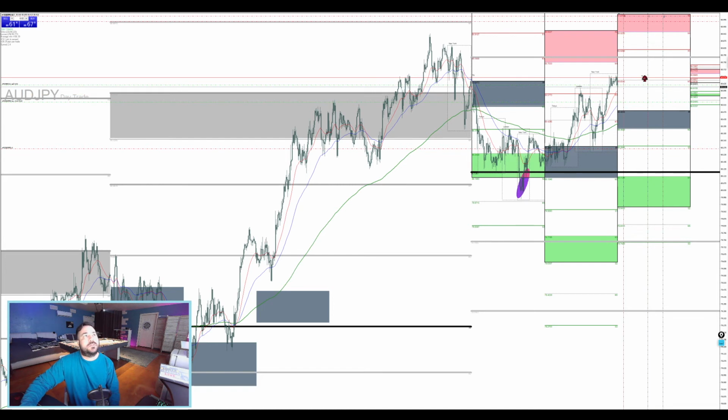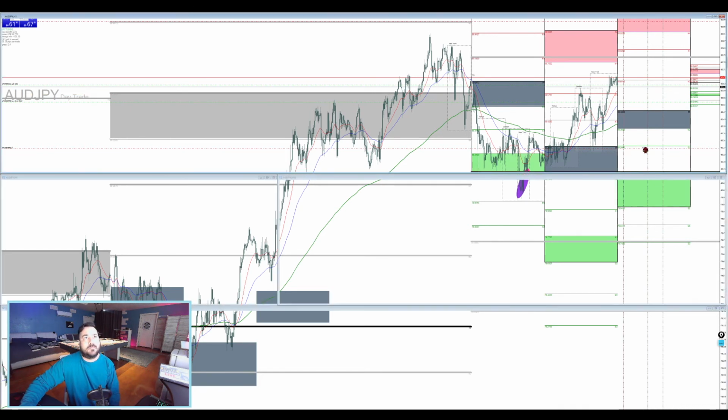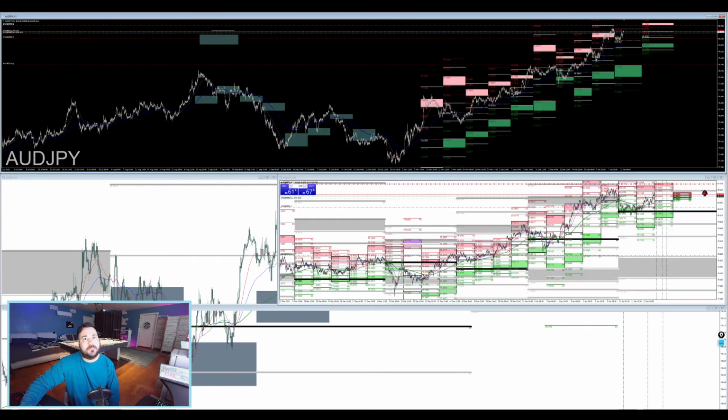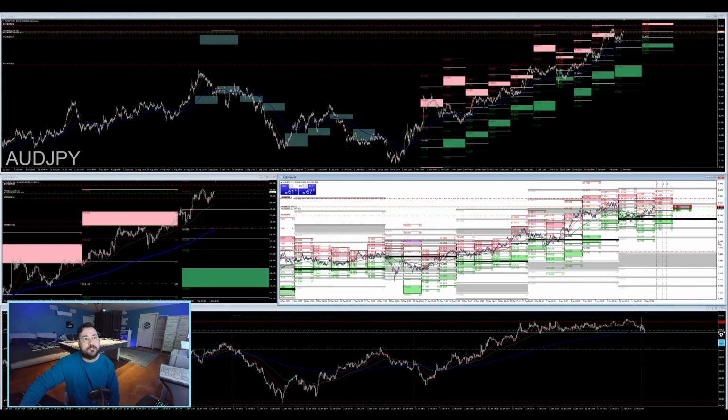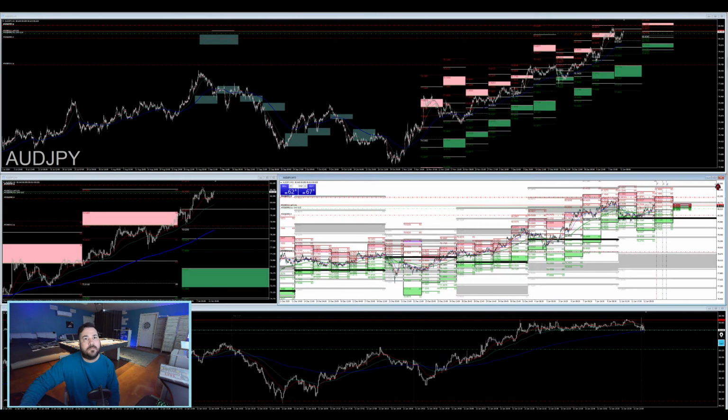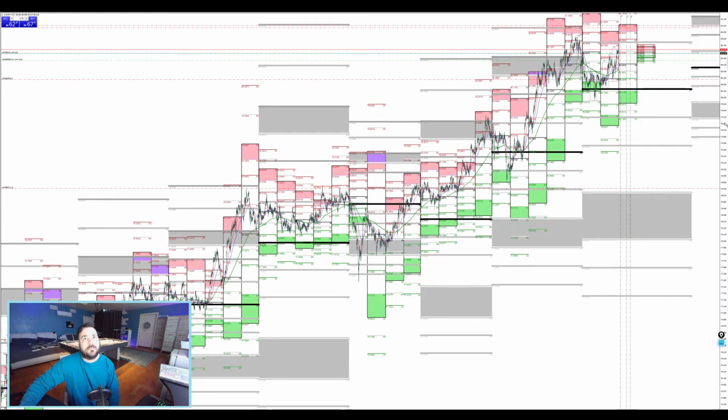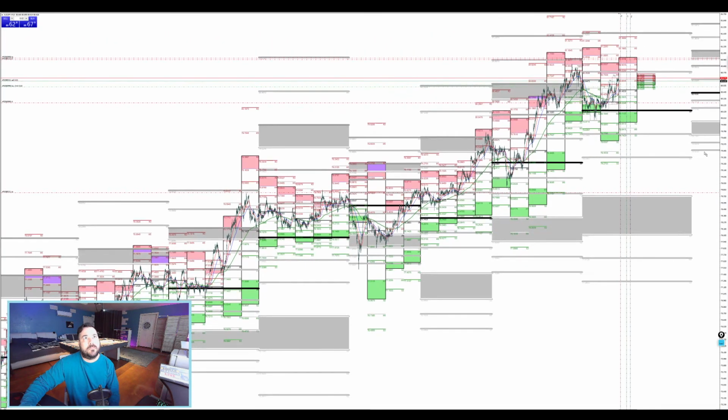And let's go ahead and check that out. Australian yen. Okay, it's an average size one for the most part. All right.